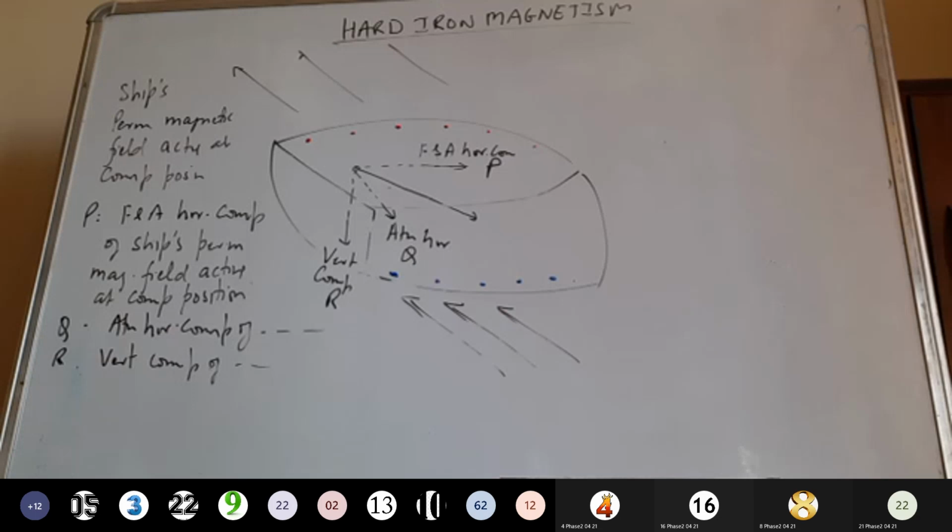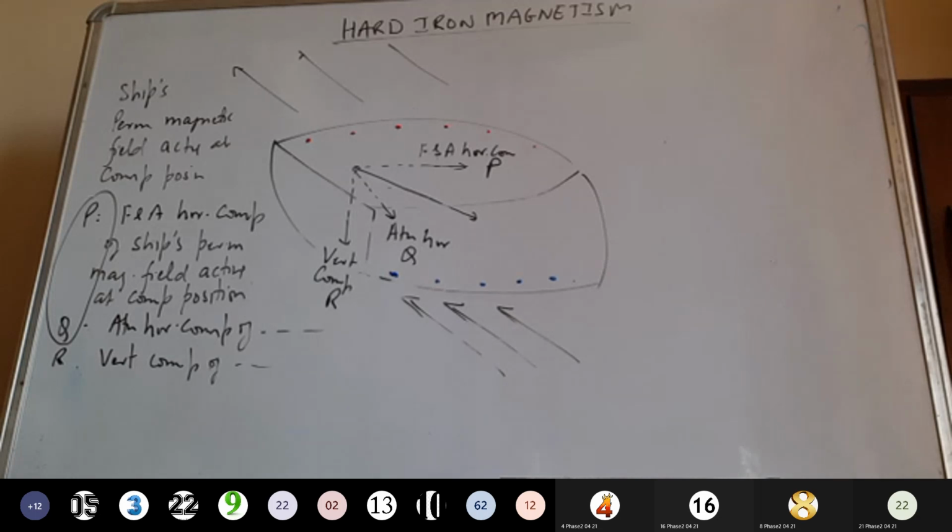And 70-80% of the deviation caused on the ship is caused by this force P and Q. If you don't correct the magnetic compass, the amount of deviation could be 40 degrees. By correcting the magnetic compass, you are bringing it down to 4-5 degrees.